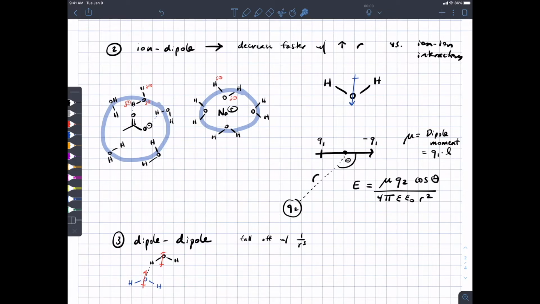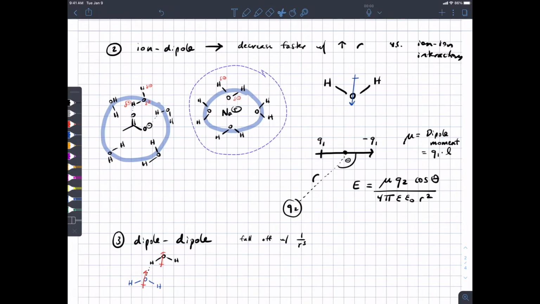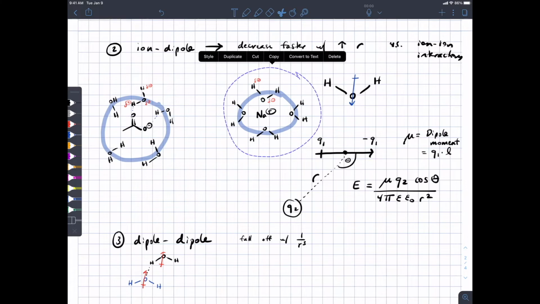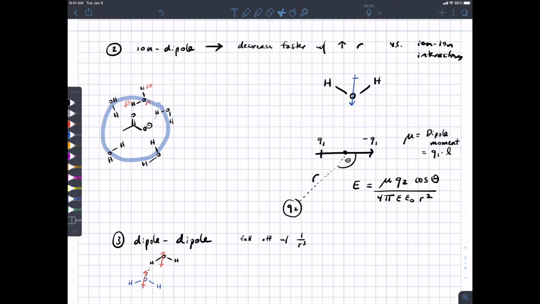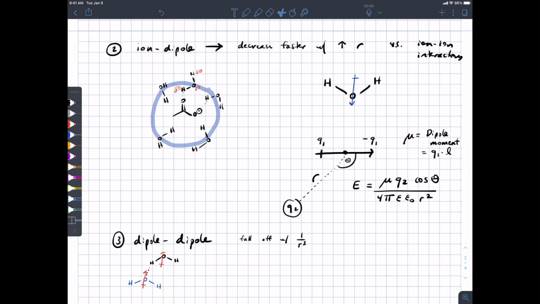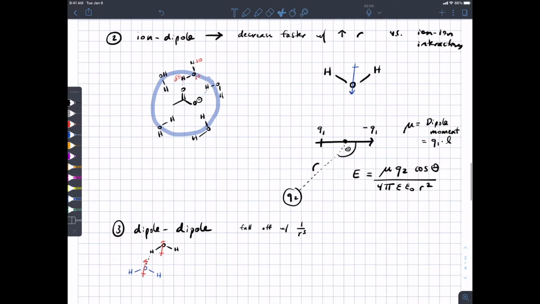For ion-dipole, you have an ion interacting with something that's not charged but has partial charges on one part of the molecule. So those are two separate things. Yes, I'm sorry. These are not ion pairs. These are solvated ions, and we could just delete that one. Sorry about that. I could see how that was confusing.